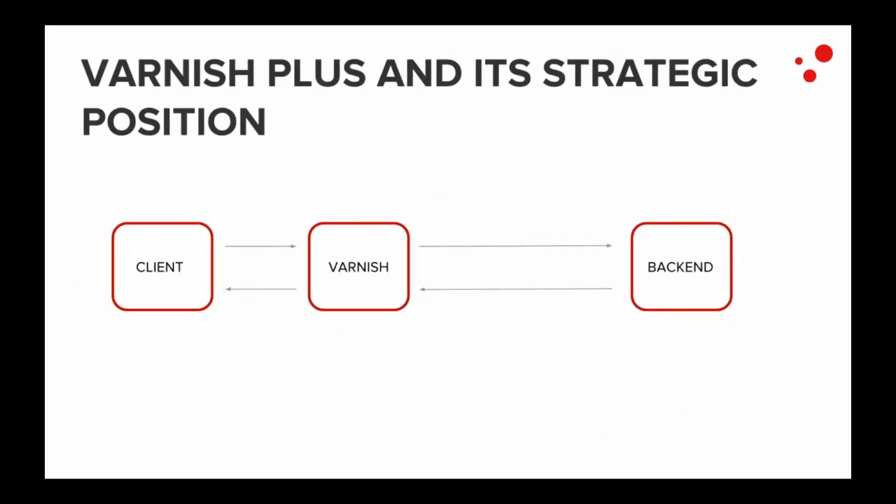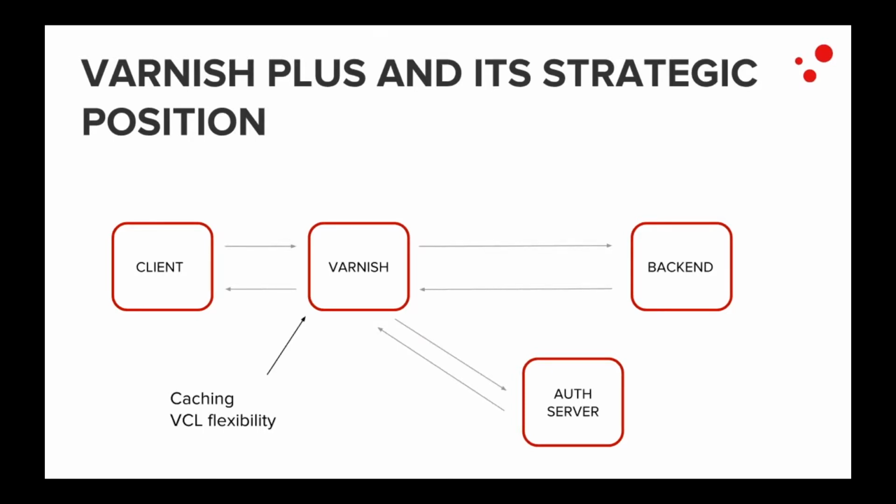So now, why have we decided to talk about authentication and authorization within Varnish? Varnish is in a very strategic position because it's most likely the caching engine you have decided to use. It sits in between your client and your backend, and Varnish is capable of talking to the authentication server. It obviously gives you the usual caching solution, but we also have a lot of VCL flexibility in there.